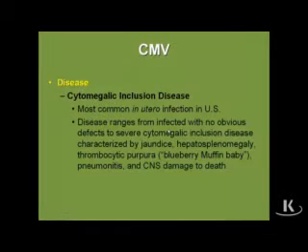Now, some of the things that might help you figure out that it's CMV, okay, is the fact that we have this thrombocytopenic purpura. And what you'll sometimes see with CMV is this presentation that was sometimes called a blueberry muffin baby, because they'll have these purplish, bluish splotches or rash on the fetus.